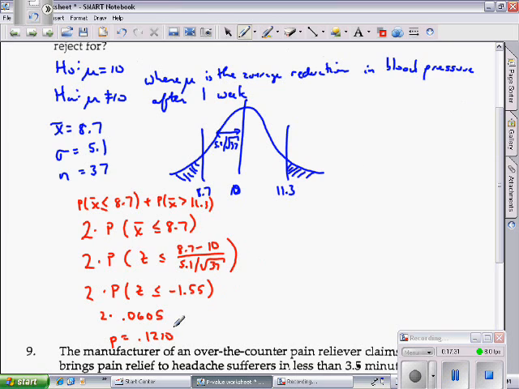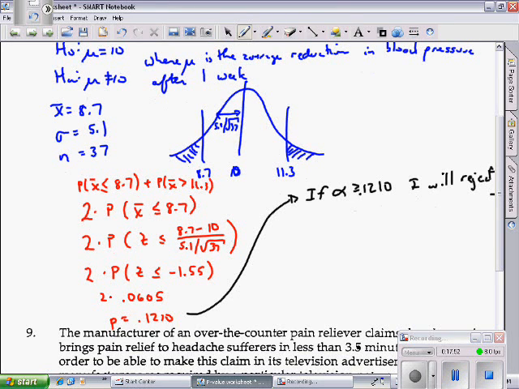Well, if alpha is that number or bigger, I'm going to reject. So I'll write if alpha is greater than or equal to 0.1210, I will reject HO in favor of HA.